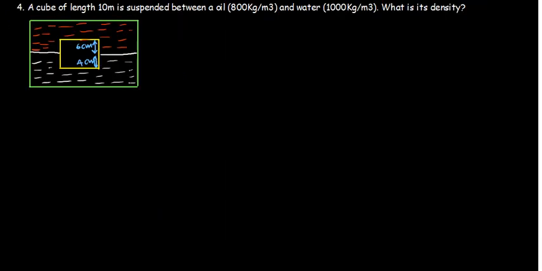Let's consider this one. A cube of length 10 meters is suspended between oil, which has a density of 800 kg per meter cubed, and water having a density of 1000 kg per meter cubed. So what will be the density of this object? How are we able to determine it? From the formula that we wrote, the volume of the solid divided by the volume of the whole object is equal to the density of the object divided by the density of the fluid.